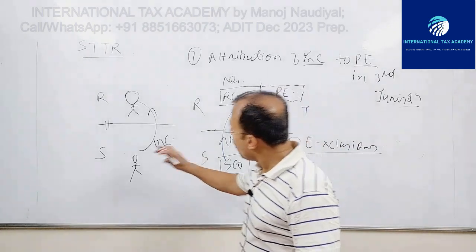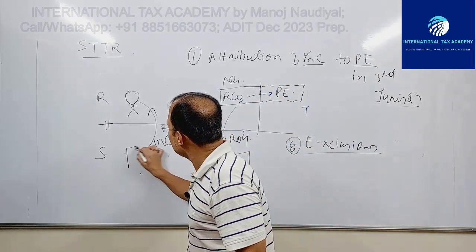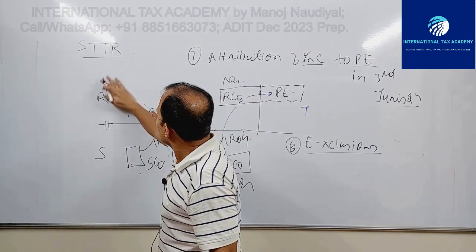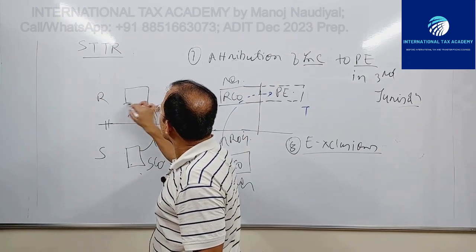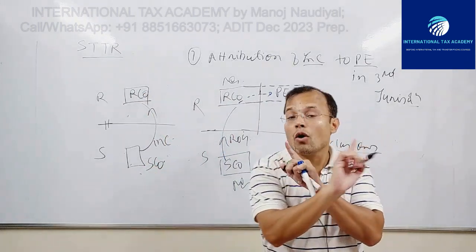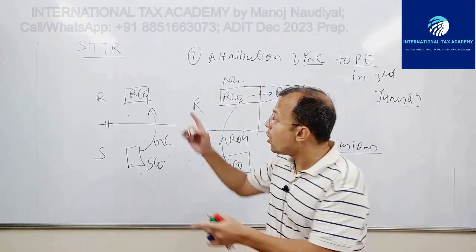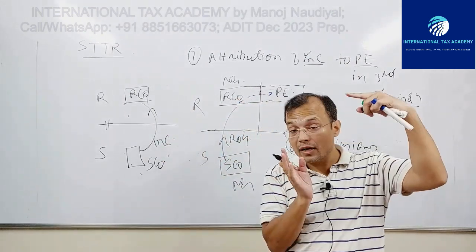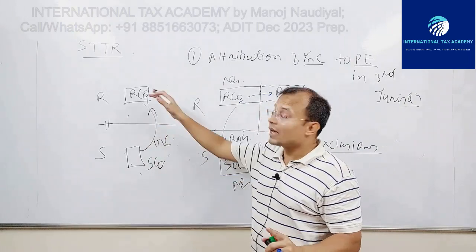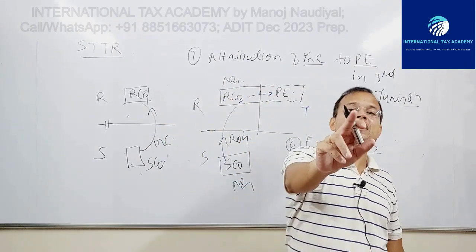Or for that matter, this income is paid by ESCO and received by ARCO, and ARCO and ESCO are not connected persons. They are not group entities. They do not belong to the same MNE group. If they are not connected, then also STTR will not be applicable.